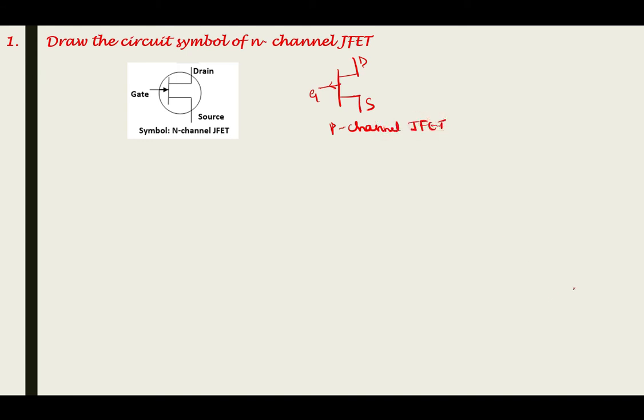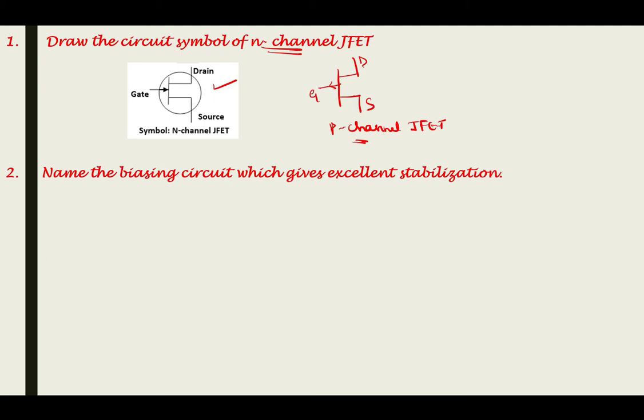So I'd like to give both symbols here so that it will be helpful for you to understand. If the arrow mark is towards the channel, then it is N-channel JFET. If the arrow mark is outwards, then it is P-channel JFET. Here it is asked for N-channel JFET, so this is the right answer.